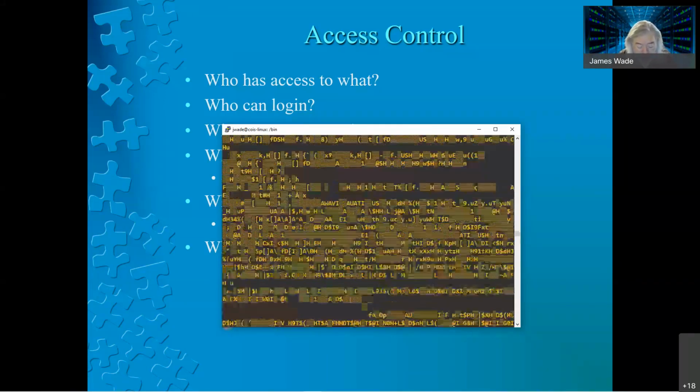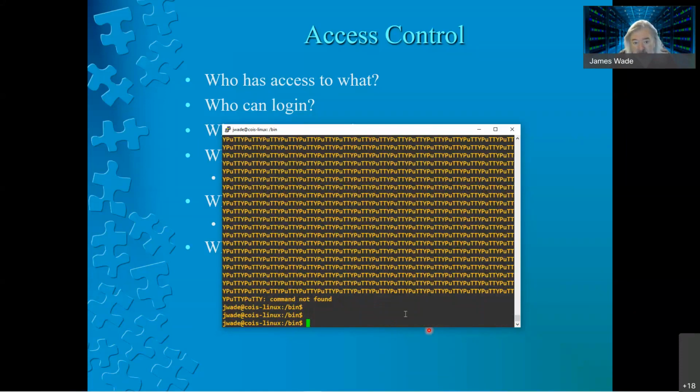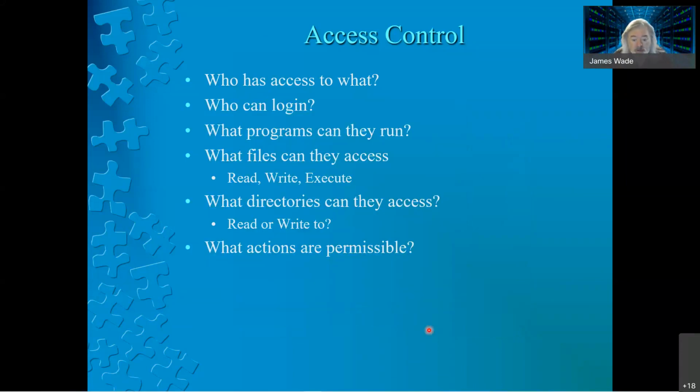We can't edit it. So that's what binary is. It means it's been compiled. And the bin directory is where a lot of commands are, that's what bin stands for, binary.